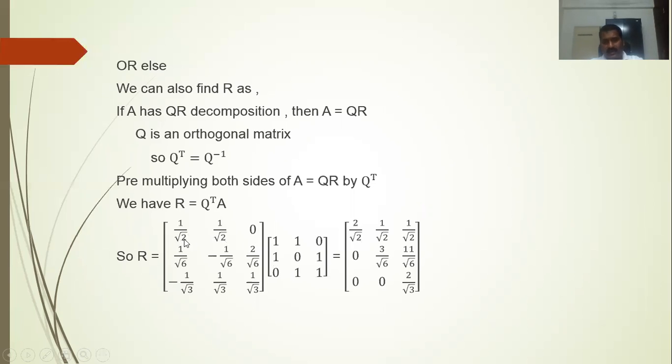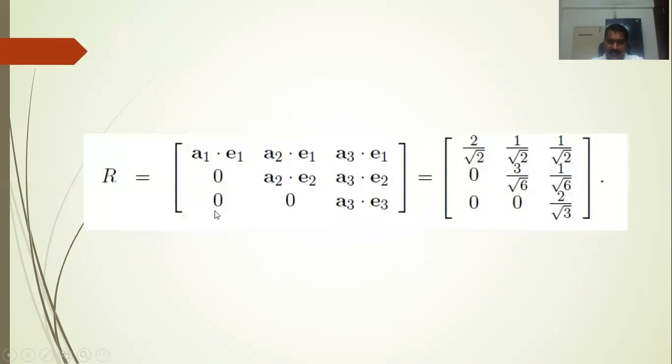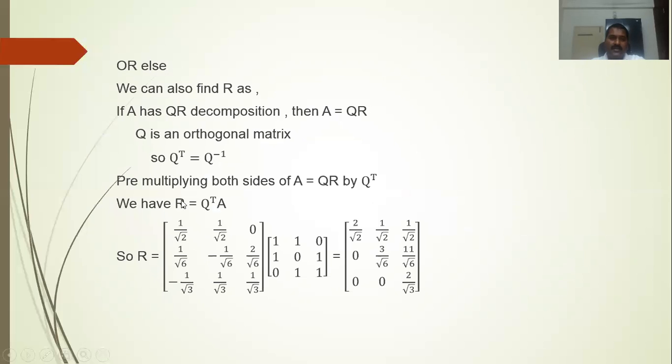And this row by this column, and this row by this column, similarly you do the multiplication. It's a simple matter. Then this is the R you get. So R you can get either this way, or as Q transpose into A once you have Q in your hand.